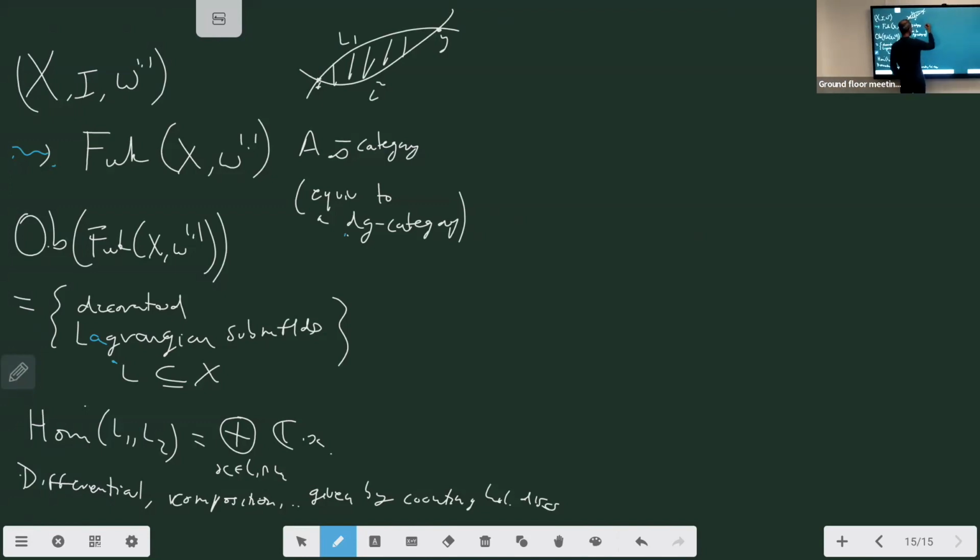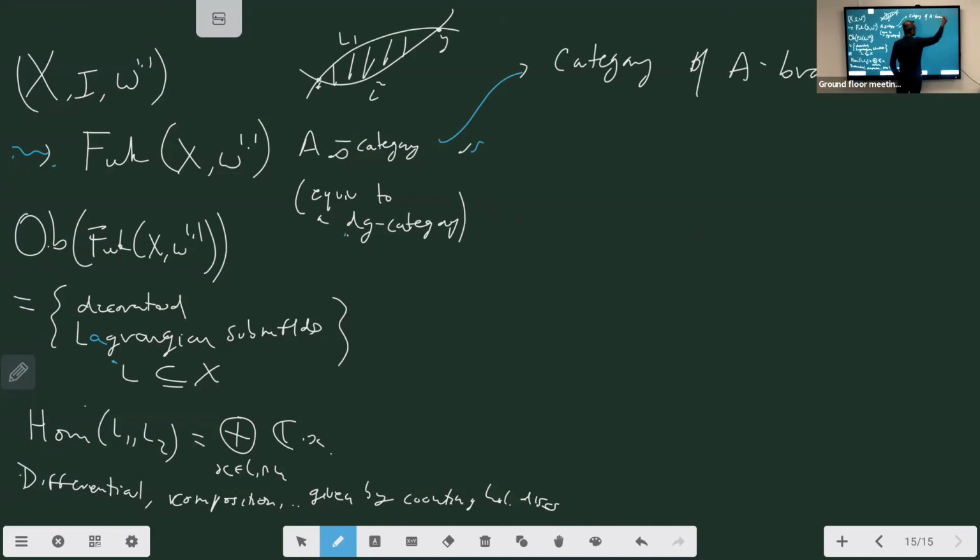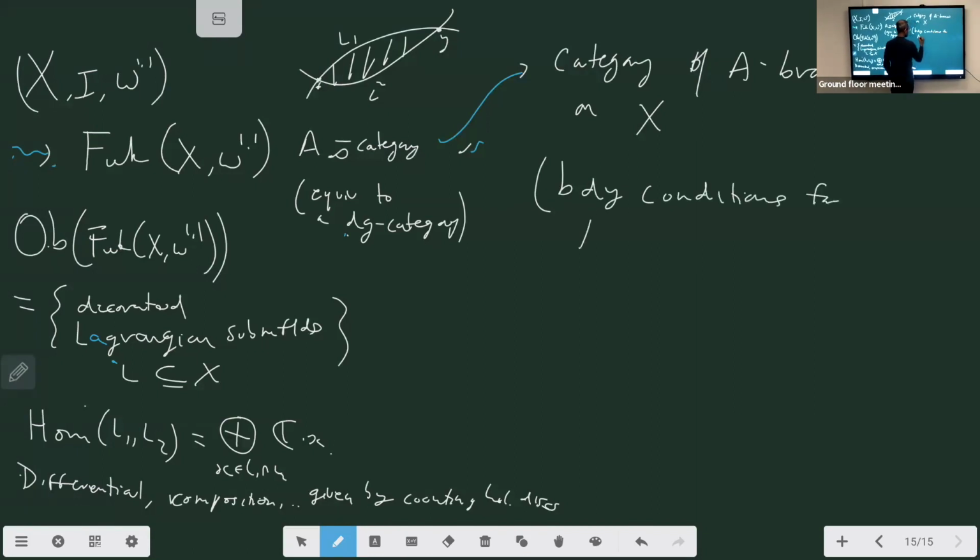This is the category of A branes on X, which are the boundary conditions for the A-twisted sigma model.